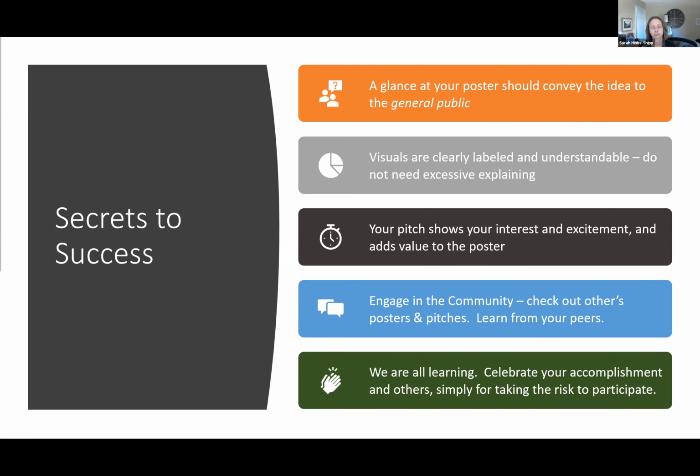They should be understandable. There should not be a picture that does not have a caption of some sort. It should be obvious what the image is. Your pitch should show your interest and your excitement, your enthusiasm for the outcomes of your innovation. That is how you engage the judges.